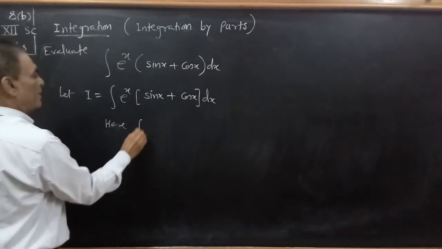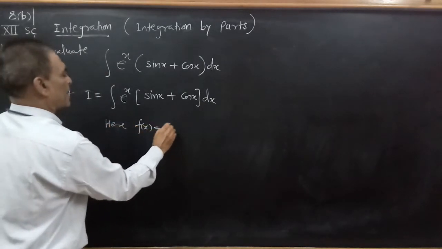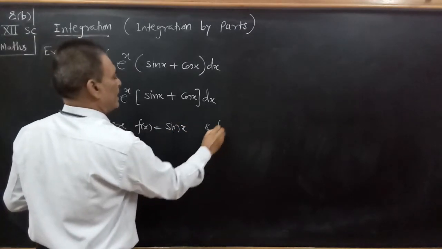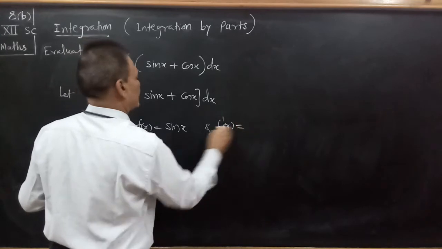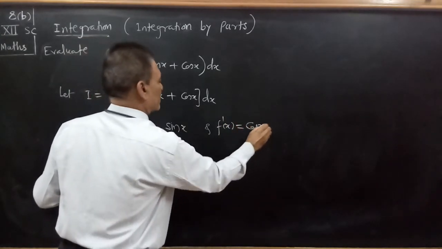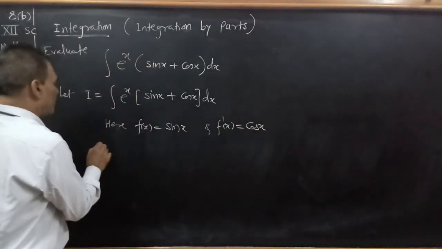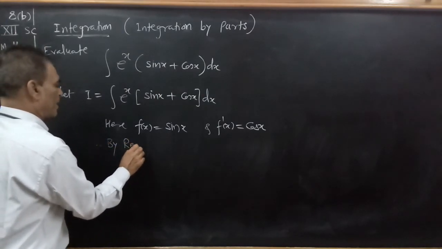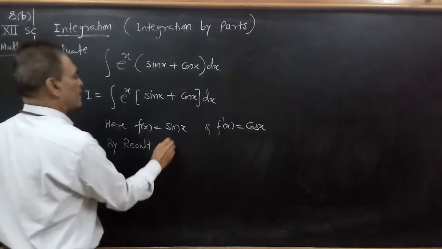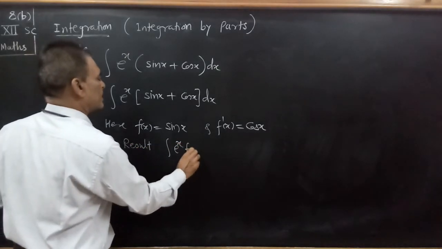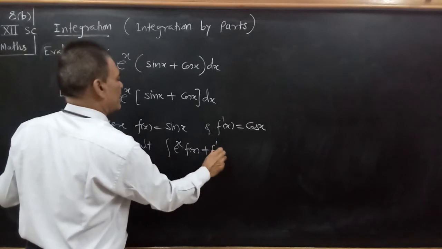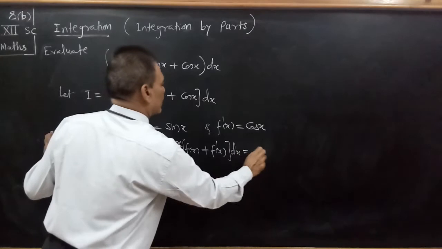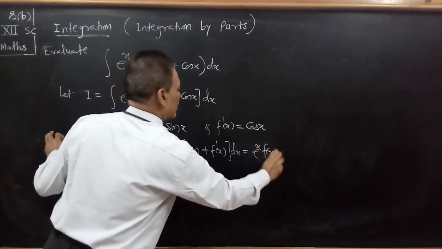Here f of x is nothing but sin x, and f dash x is nothing but, what is the derivative of sin x? Cos x. Therefore, by the important result, integration of e raised to x, f of x plus f dash x, into dx is nothing but e raised to x f of x plus some constant c.